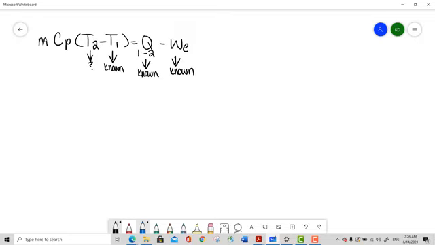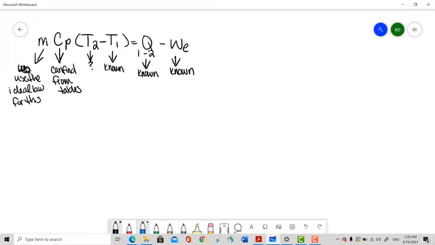But what do we know about all of this? Well, we know that we can find this from tables. And we know that we can use the ideal gas law for this.